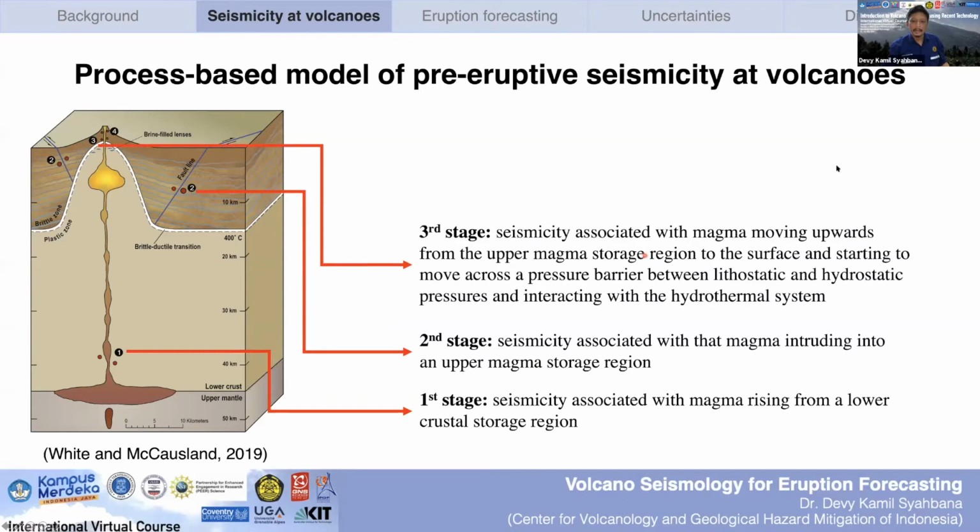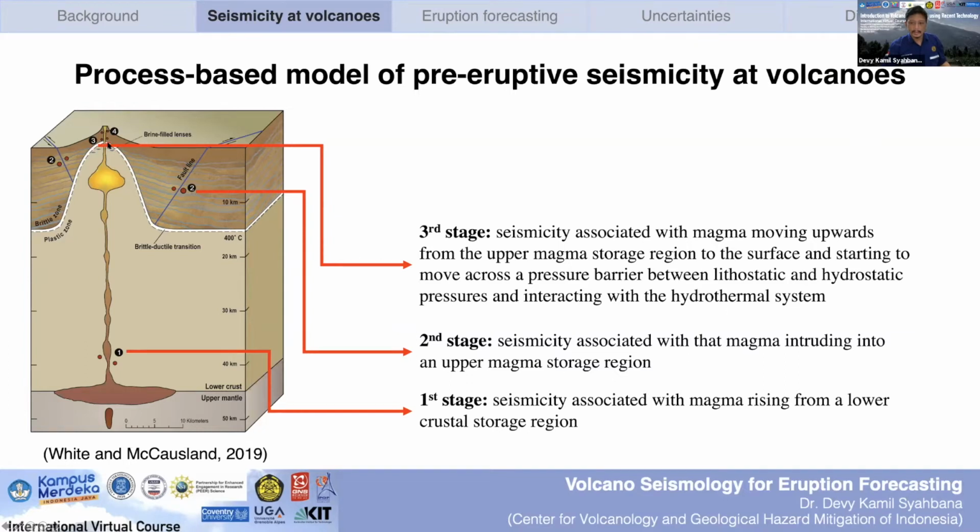And then the third stage is the seismicity associated with magma moving upwards from the upper magma storage to the surface and starting to move across a pressure barrier between the lithostatic and hydrostatic pressure. So you see the plastic and brittle zone that I showed you in the first image, the aerial photo.